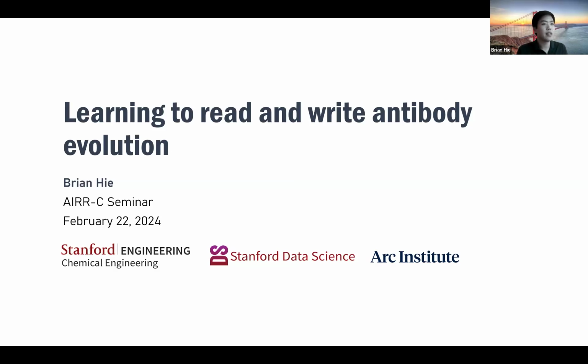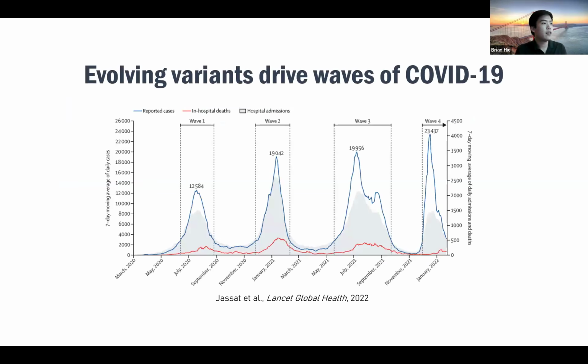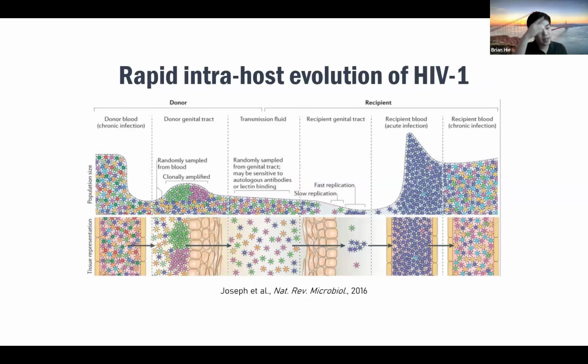Cool. Let's just get started. So just for some brief background, I'm sure all of you are aware of this. Evolution is a very powerful adversary. For example, new variants of SARS-CoV-2, which are driven by evolution of the virus, cause these waves of disease and associated death. In a more extreme example, HIV can actually completely escape from the host immune system in just a matter of days, if not hours even.